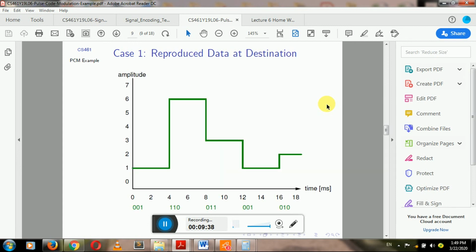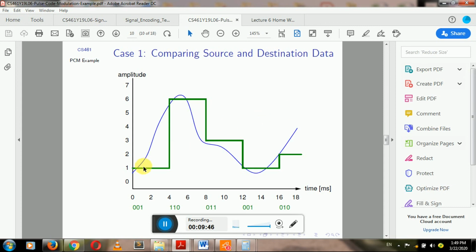So you can reproduce the digital data from the analog data. Here from 0 up to 4 milliseconds, it maintains a constant level of 1.